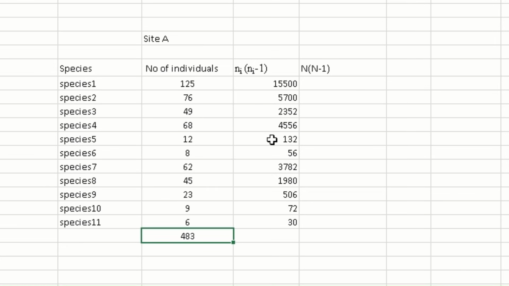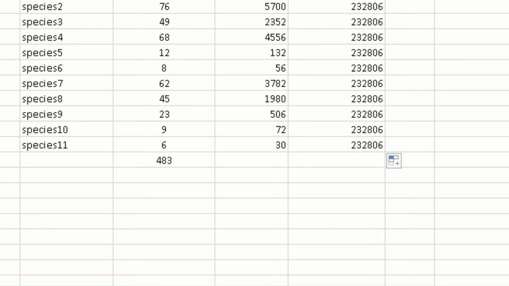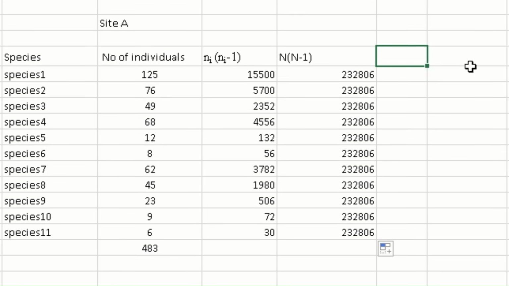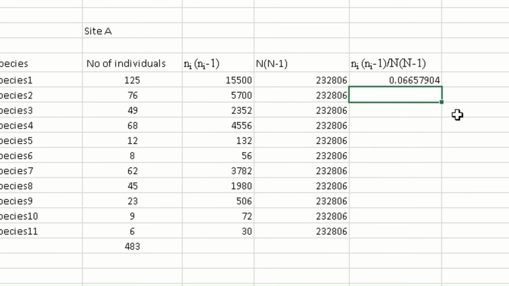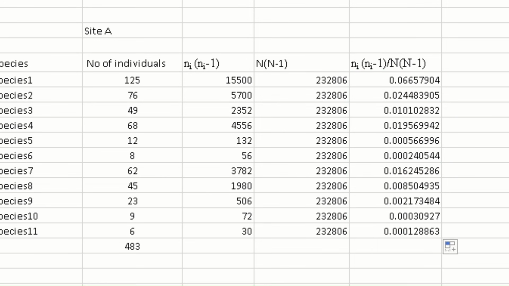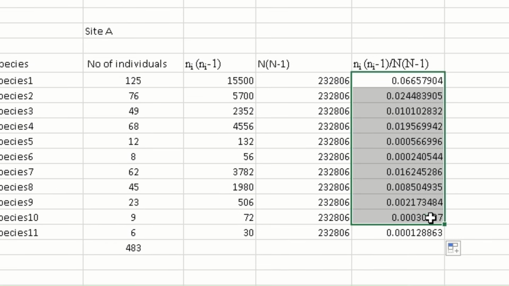483. Then we will calculate this by this. Now we have to add all these values.